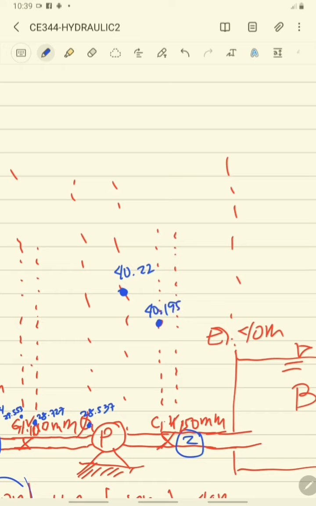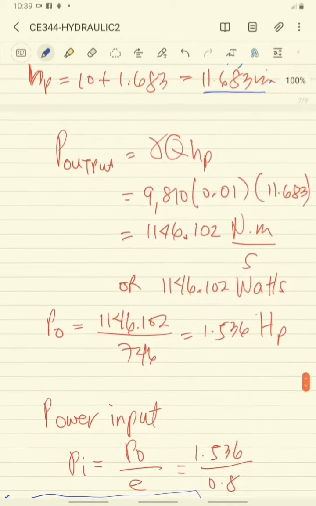So this is 40.195, so 1954 supposed to be. So I have to carry all the decimal places. Then again, for the gate valve, a check valve.